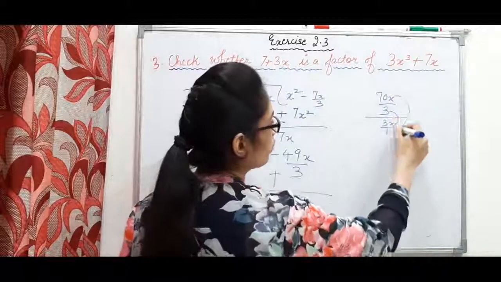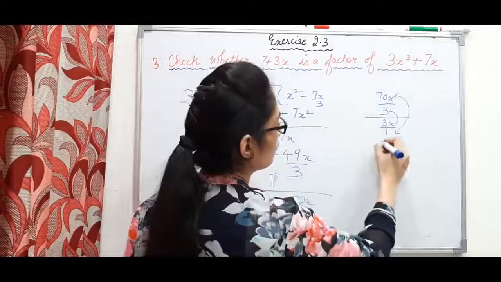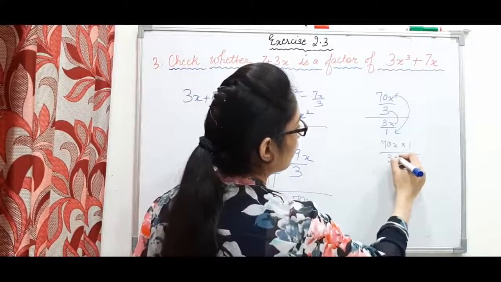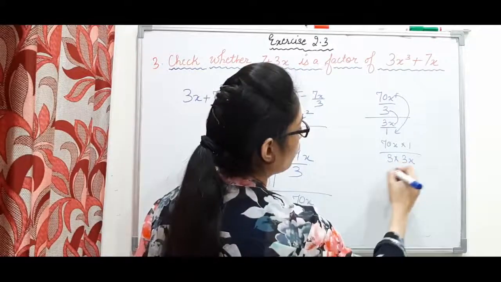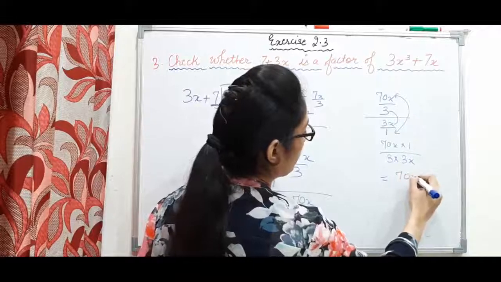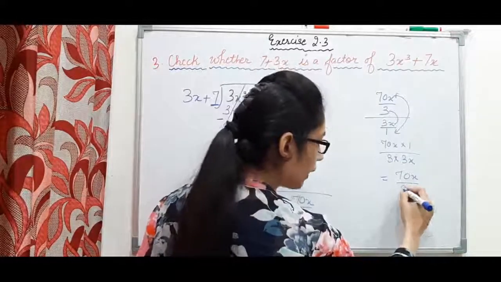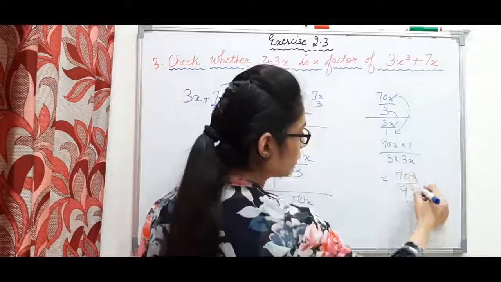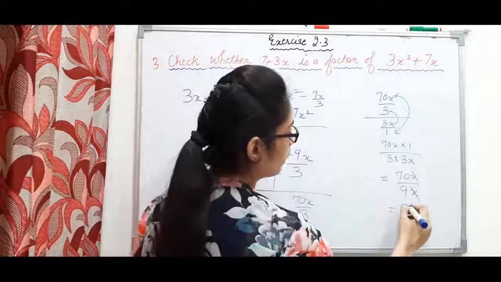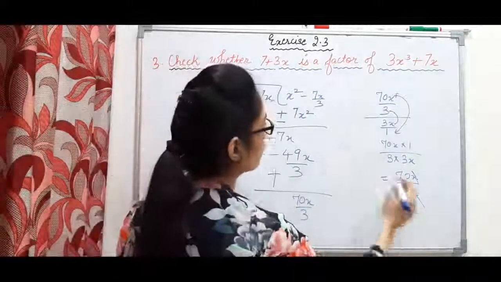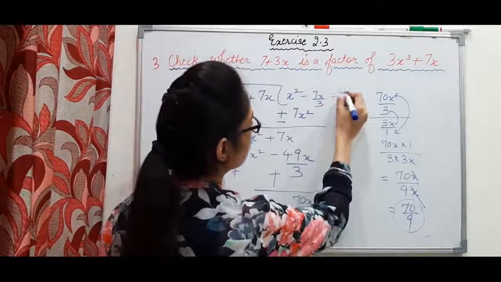Inner terms and outer terms with each other will get multiplied. 70x into 1, 3 into 3x. So I will get 70x, 3 into 3 is 9x. So this x and this x will get cancelled. So I got 70 by 9. So you have to write this 70 by 9 here.